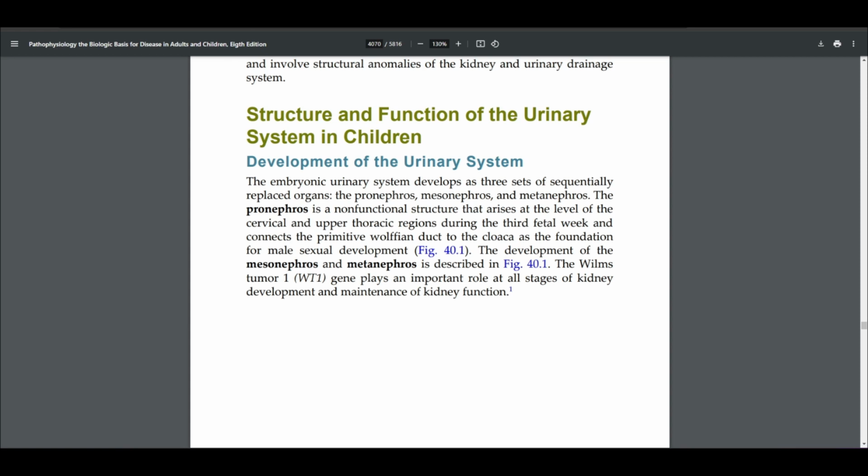The pronephron is a non-functional structure that arises at the level of the cervical and upper thoracic region during the third fetal week, and connects the primitive Wolffian duct to the cloaca as the foundation for male sexual development. The development of the mesonephros and metanephros is described in Figure 40-1.